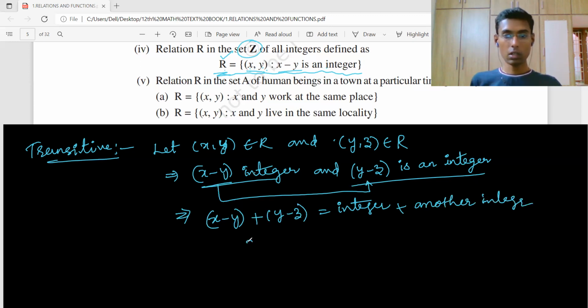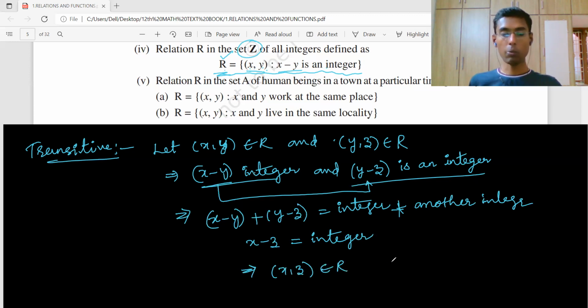It's the same as the first example. Therefore, (x, z) belongs to R. This is how you should write properly. That implies R is transitive.